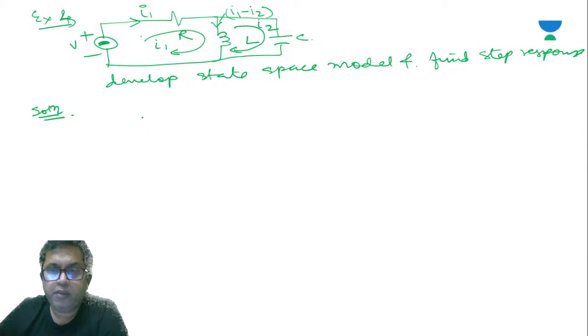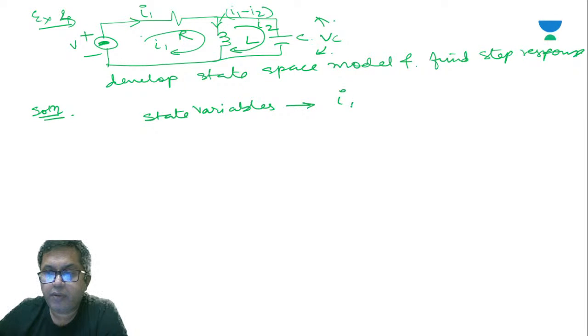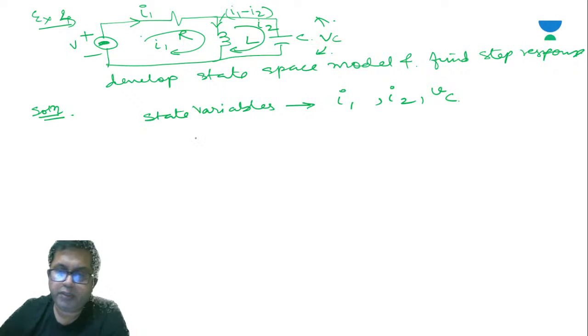Here the voltage across the capacitor is VC. So the state variables are I1, I2, and VC, three state variables.